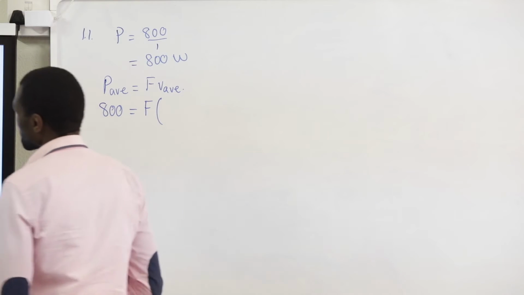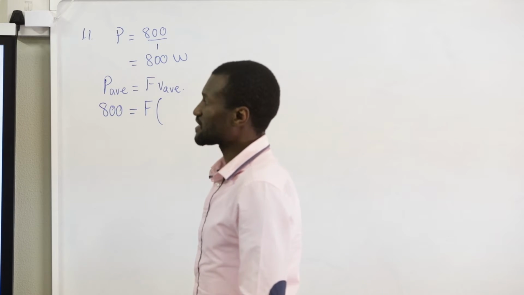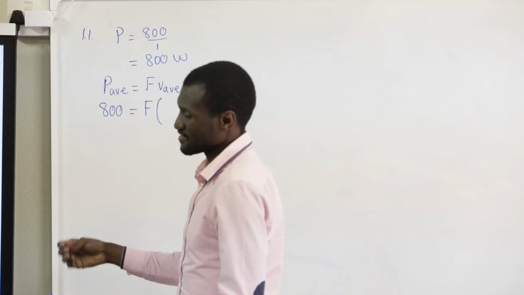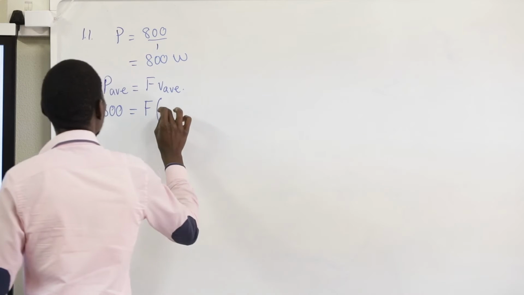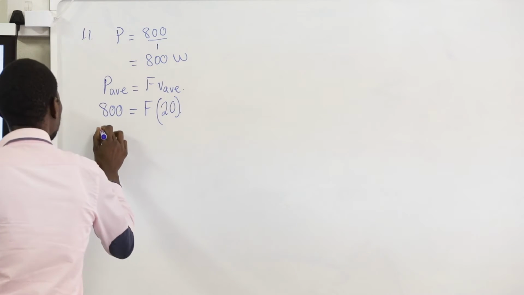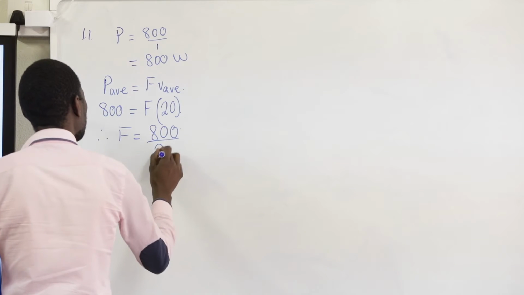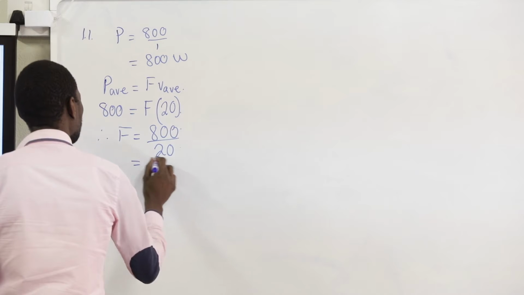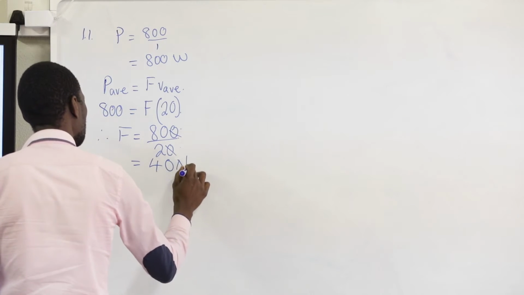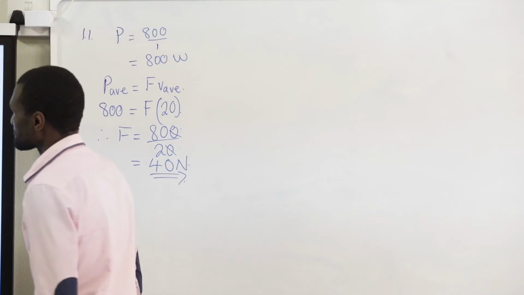If it wasn't given as a constant velocity, to get the average we would take the two different velocities and divide by the number of velocities, which is 2. But in this case, we have 20 as our average velocity. Therefore, the force is equal to 800 divided by 20, which is simply equal to 40 newtons. Excellent. Let's look at 1.2.